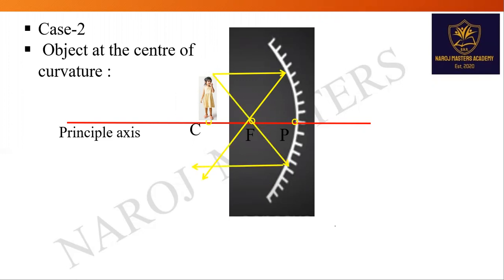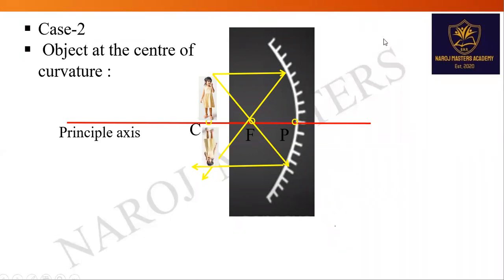This is the point where the actual intersection of the reflected light rays happens. At this point only we will get our image. Now look at here, this is our image.